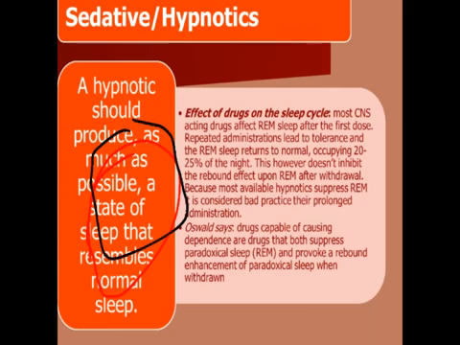So that is hypnotic. And what is sedative? It only calms. It produces calmness. It decreases the activity, the excitement, the anxiety. So sedative and hypnotics are two different parts.